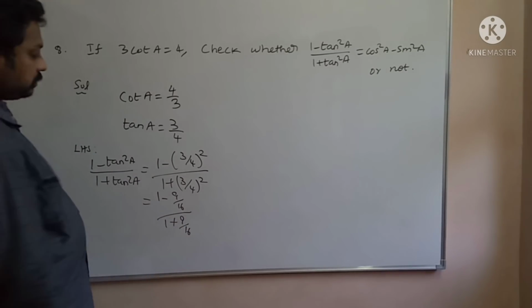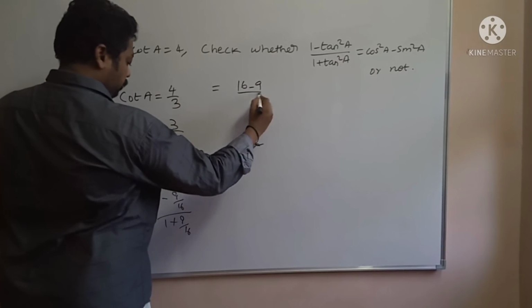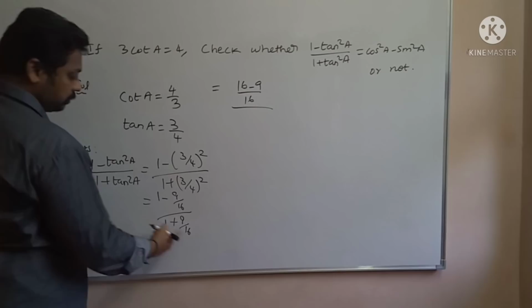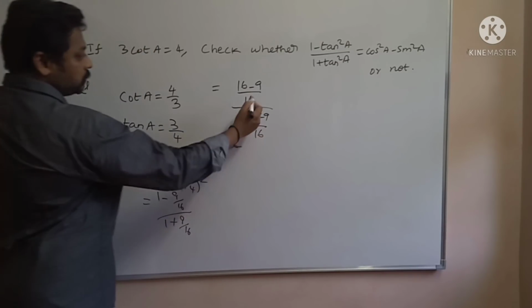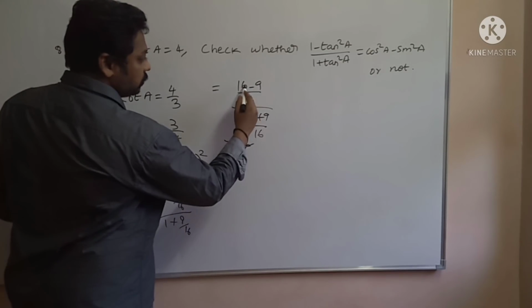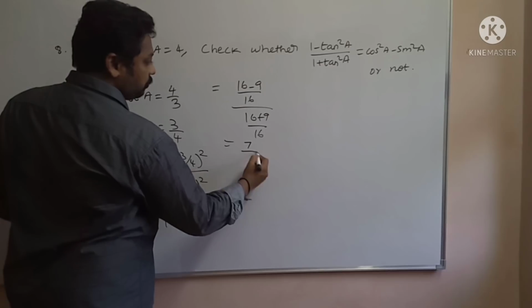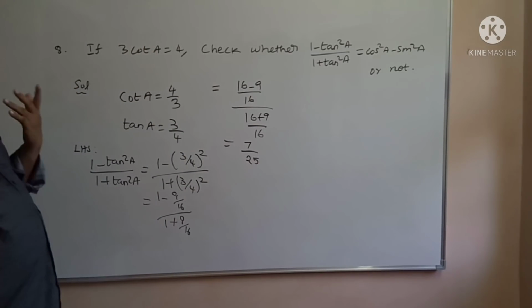So just to take the LCM, 16 minus 9 by 16 whole divided by 16 plus 9 by 16. So the denominator got cancelled, because they are the same numbers. So 16 minus 9 is 7, 16 plus 9 is 25. So now we check the RHS.